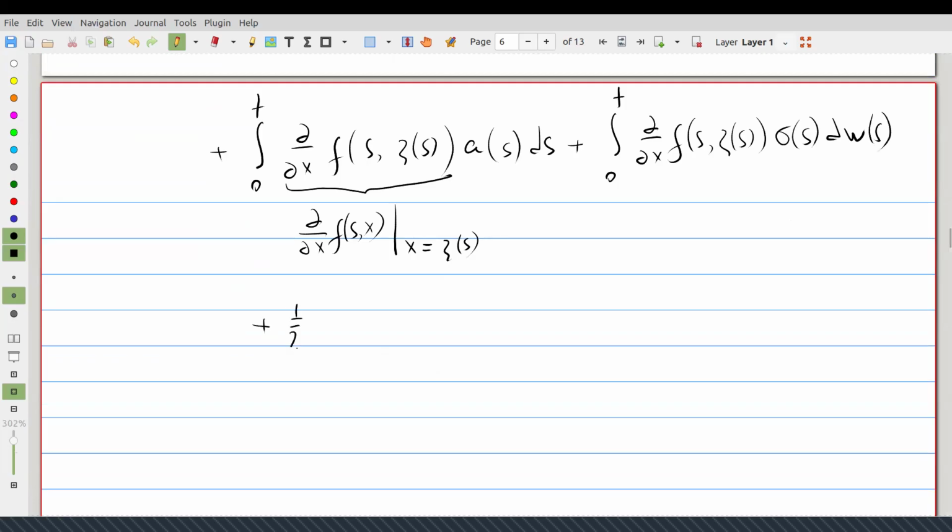plus 1/2 the integral from 0 to t. This is where the second derivative with respect to space appears. Sigma squared of s ds.